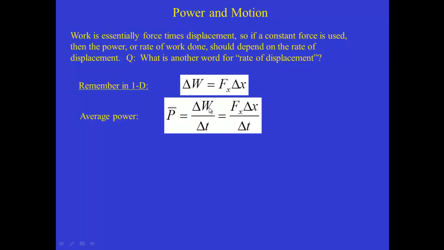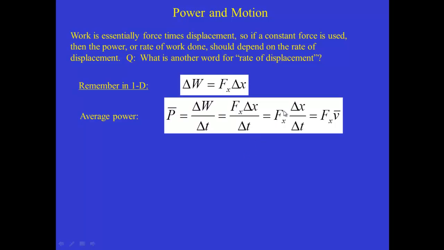And so as a result, we could calculate the average power for this work being done just by dividing by an amount of time, delta t, whatever time it takes to do the work. So that gives F sub x, delta x over delta t, and delta x over delta t is just the velocity along the x direction.